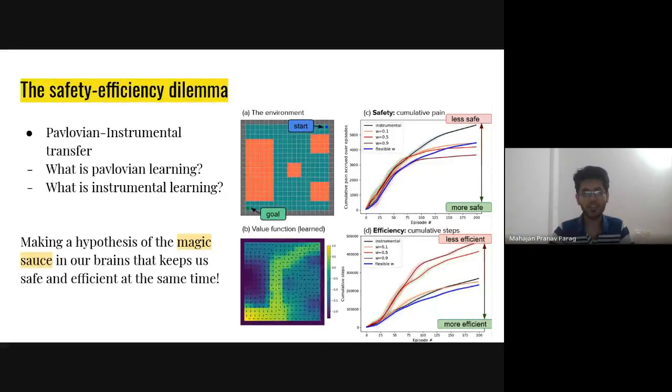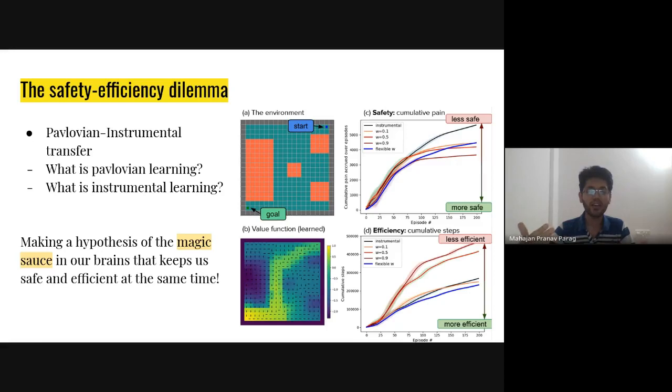So that's the pain you are feeling. What does it tell you? It tells you not to touch that vessel again while it's on the stove.